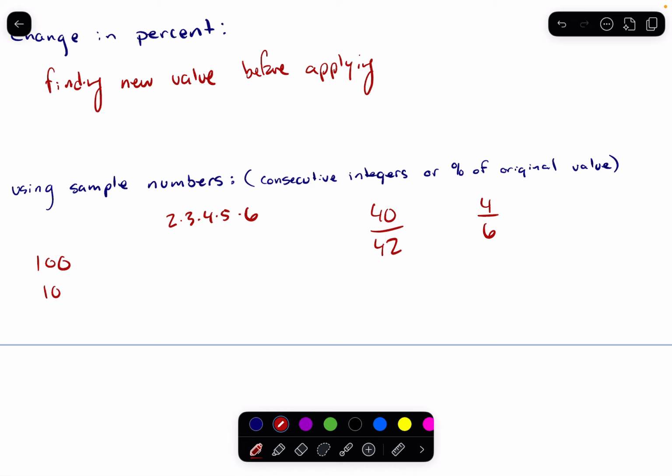But when you're using sample numbers, pick numbers that you're comfortable with, but be careful that there's not other interactions going on because of the number that you picked. Try to pick numbers that, again, avoid 0 and 1 and 2 usually. Instead of using 2, use 3. It's not that much bigger.